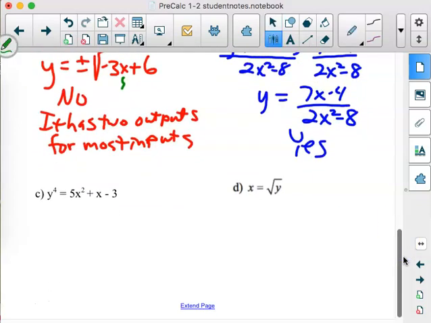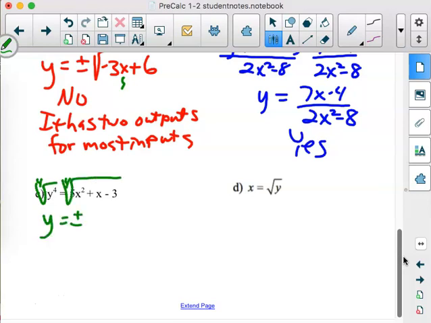Now, for C, this is one where we are supposed to figure out how we're going to get this y business all by itself. So we look at C, and we've got y to the 4th. Oh, well, to get y all by itself, we would have to take the 4th root of both sides.